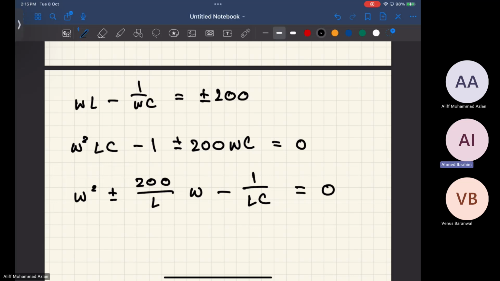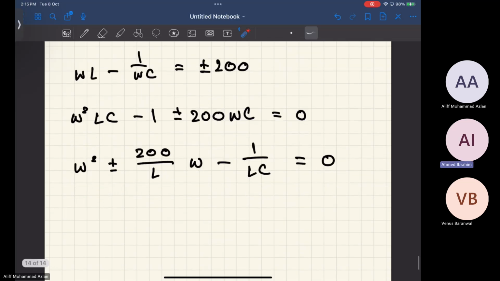Now this is essentially as if it's two quadratics because we have the plus and minus here. Mathematically, I know that if I choose the minus, then I'm going to have a quadratic with two positive roots. So I can just discard the plus straight away and know that the negative is going to give me two positive roots, which is our high and low frequencies.